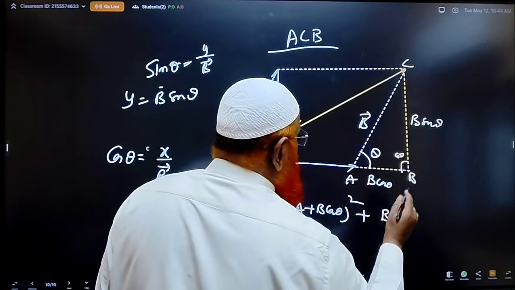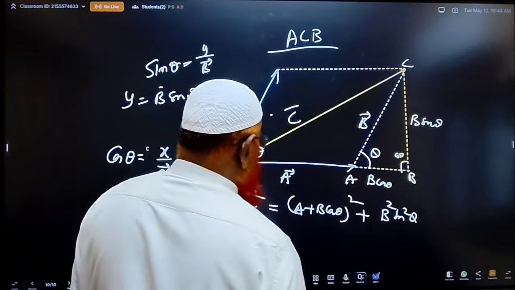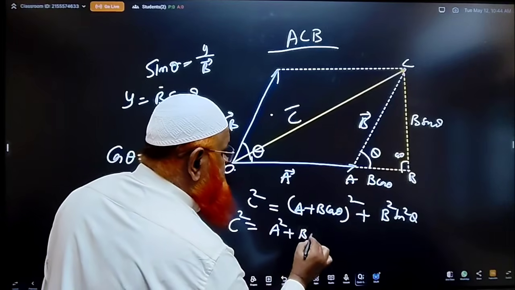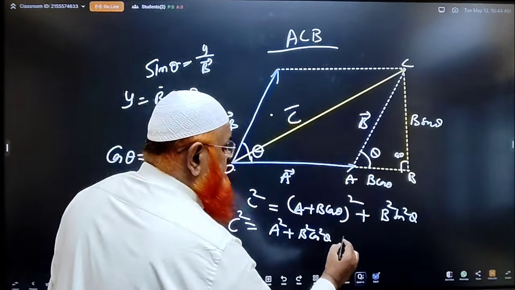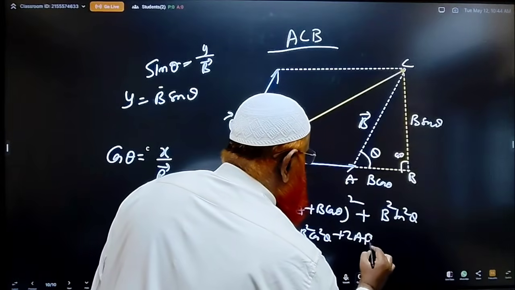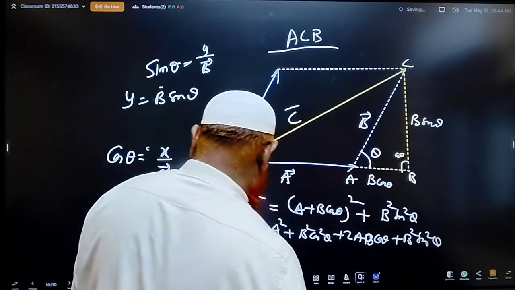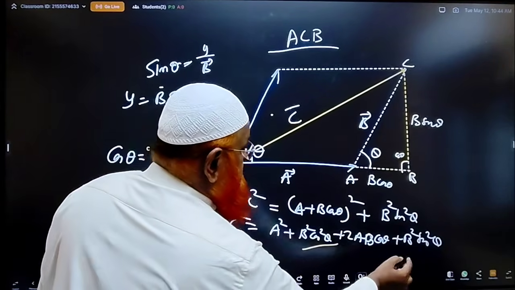So this is BC square, which is B square sin square theta. So C square is A square plus B square cos square theta, using the (A plus B) whole square formula, A square plus B square plus 2AB cos theta plus B square sin square theta.